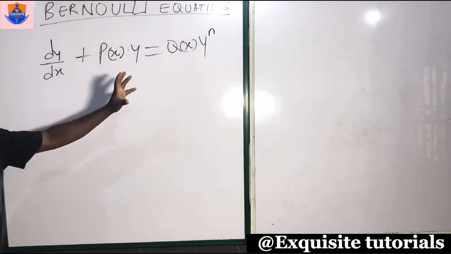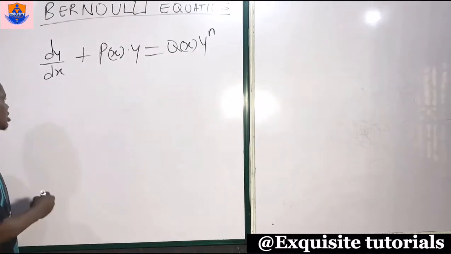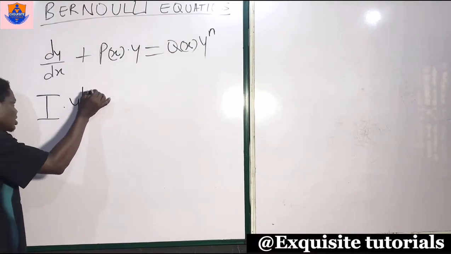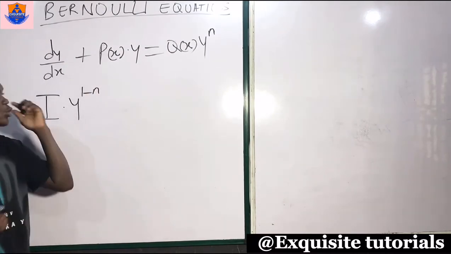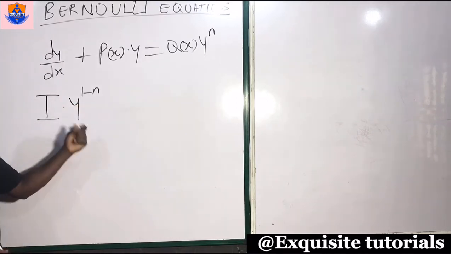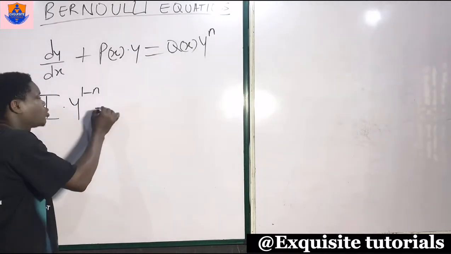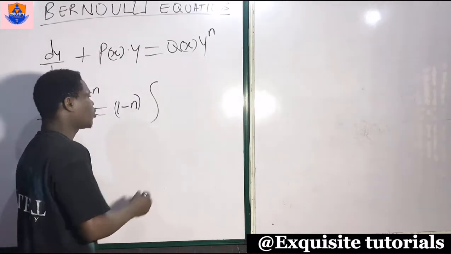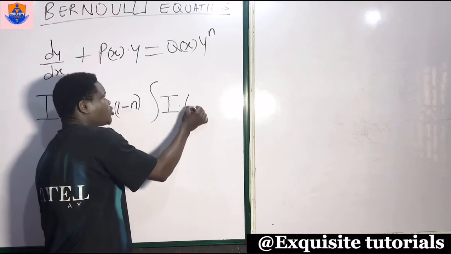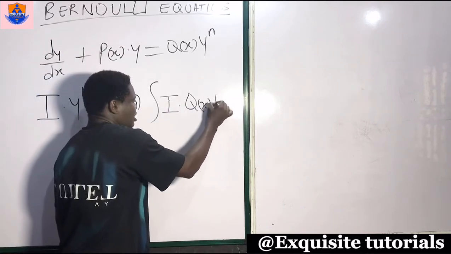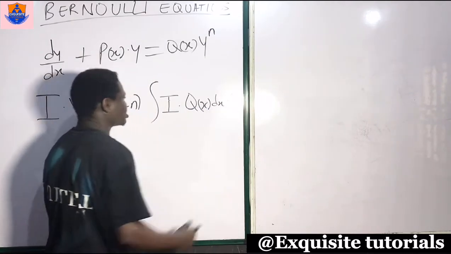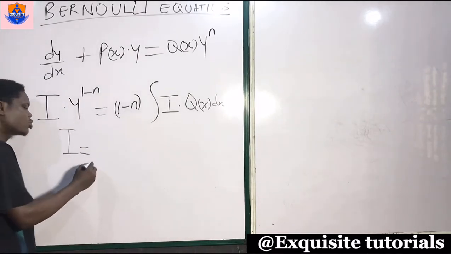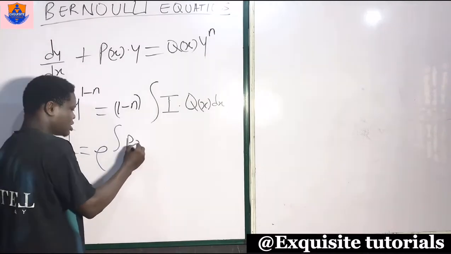Now, the general solution of a Bernoulli differential equation gives us the integrating factor times y raised to the power 1 minus n. In our former video, it was just y, but in this Bernoulli, it will be y raised to the power 1 minus n, equals 1 minus n times the integral of the integrating factor times q of x, dx, plus our constant A. Now, in this particular video, your integrating factor is not just exponential of integral p of x dx.